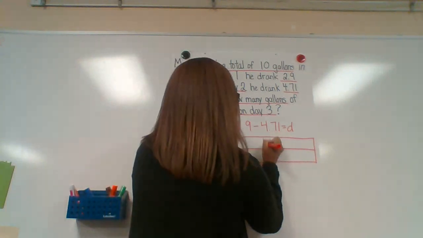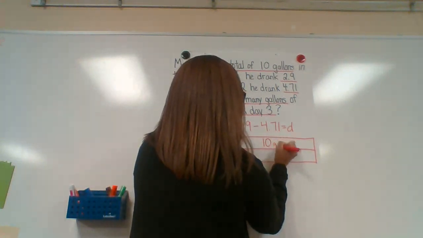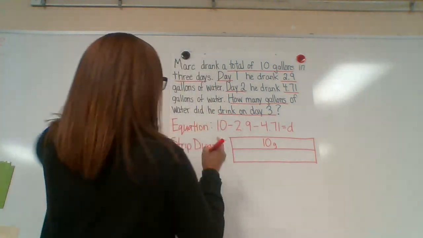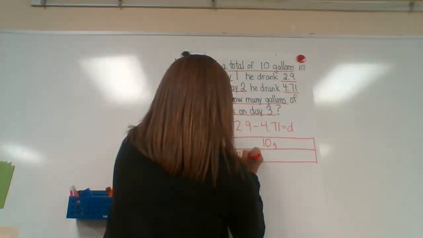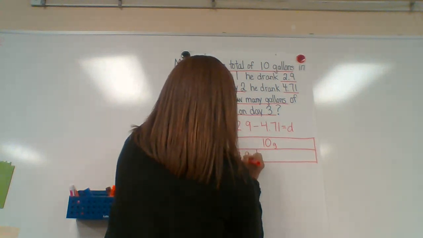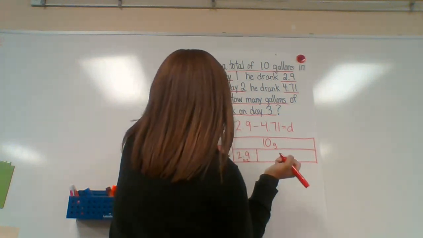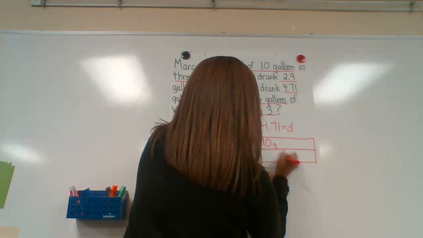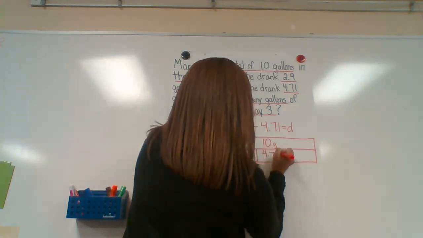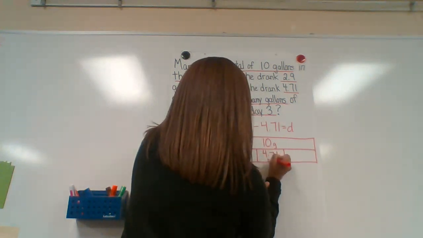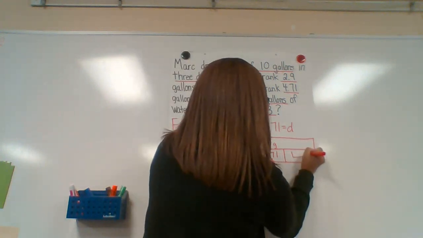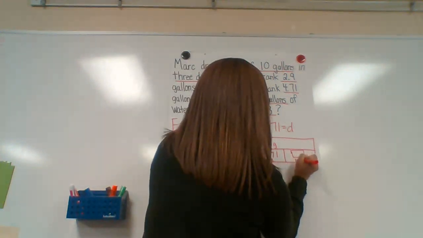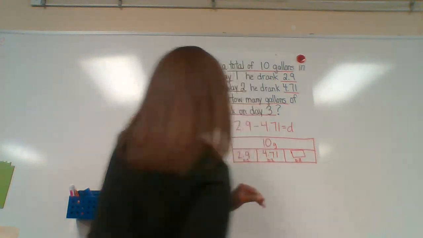I'm going to put mine at the top. 10 gallons, that's my total. Well, I know day one, he drank 2 9/10. I'm going to put day one. I know on day two, he drank 4 7/100. I'm going to put day two. And I need to figure out how much he drank on day three.